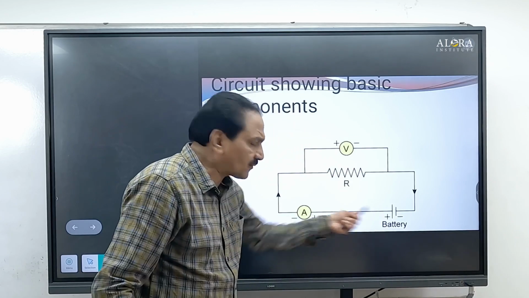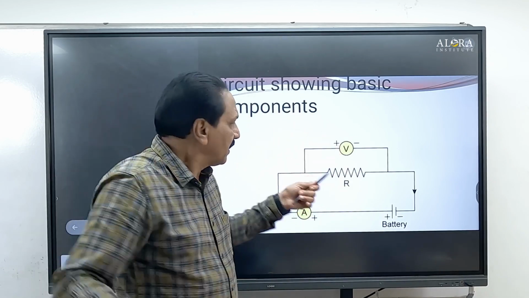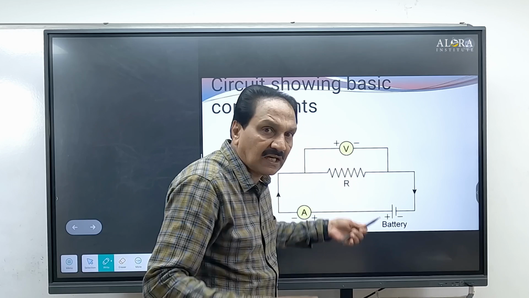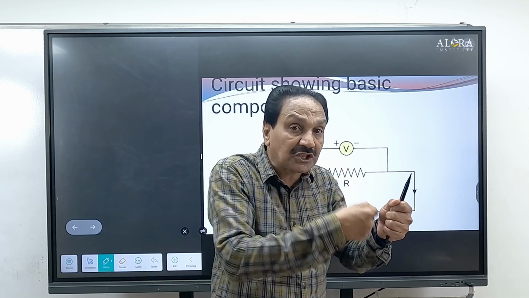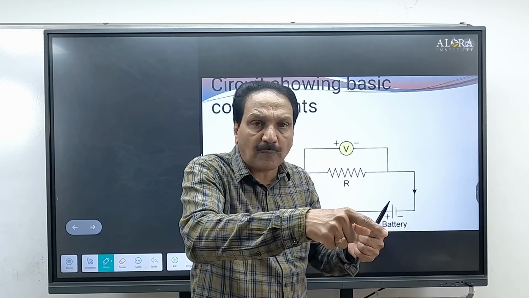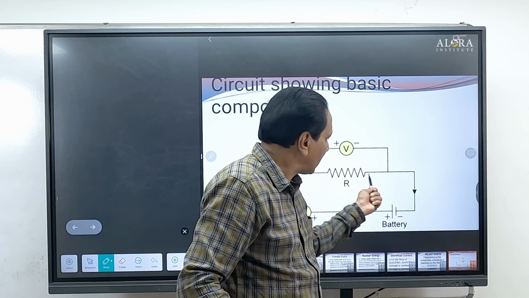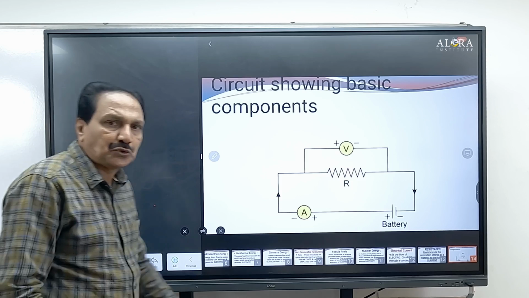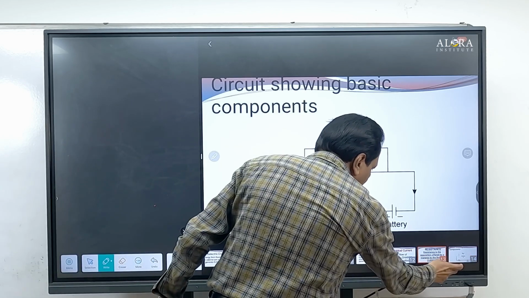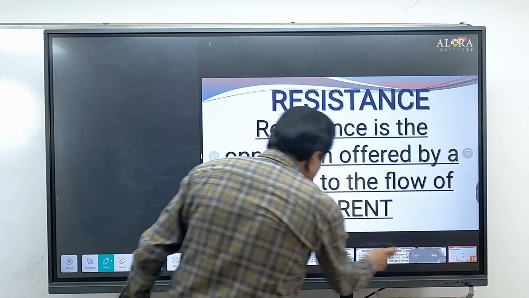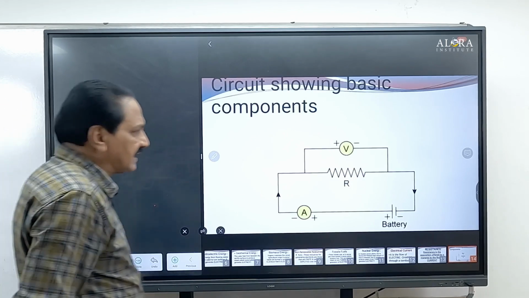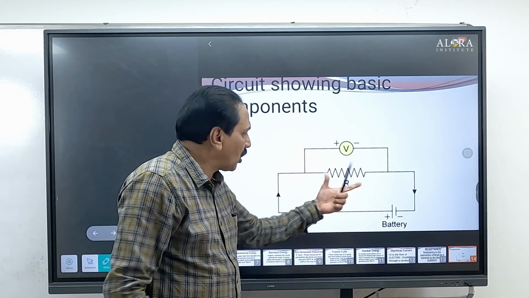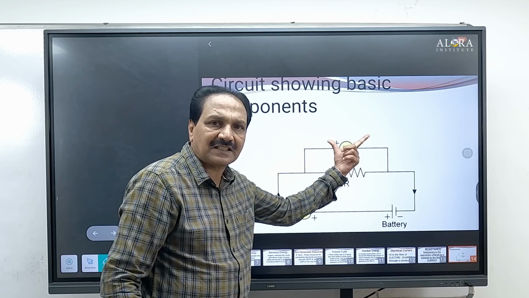When the electron starts from here, it is more energetic. But it has to pass through the conductor, it has to fight with the opposition, and overcome that opposition, and come out from the other end. For that, a certain amount of energy is used. So that energy appears in the form of loss of energy across the resistor.